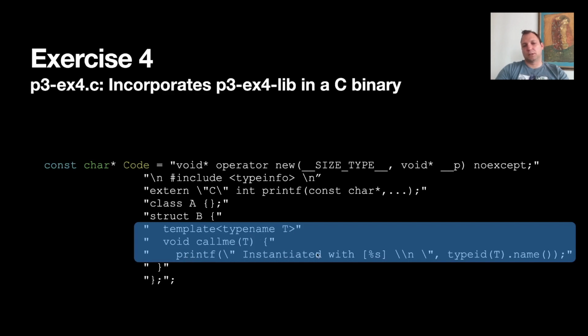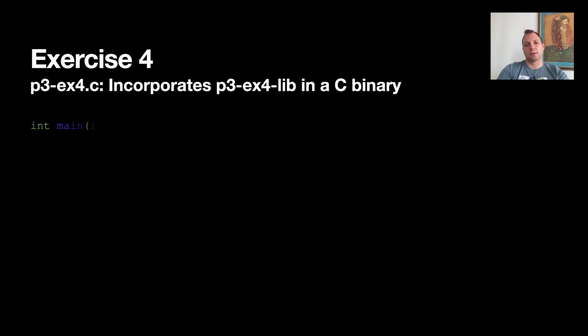What its body does is output "I was instantiated with" the typeid of T. The typeid of T is the compiler's internal representation of how the type is named, so we will see a weird name in the end.